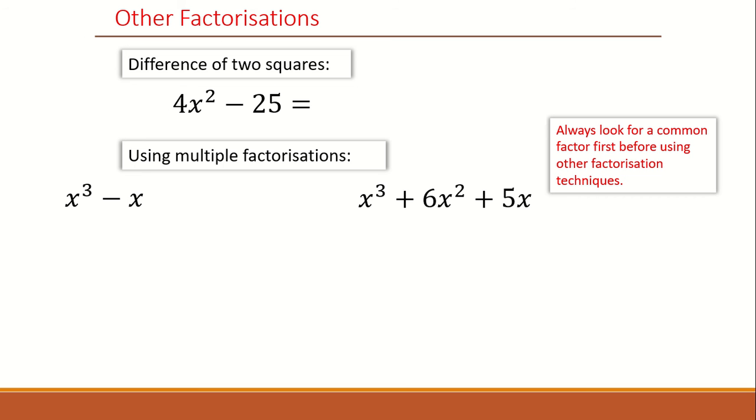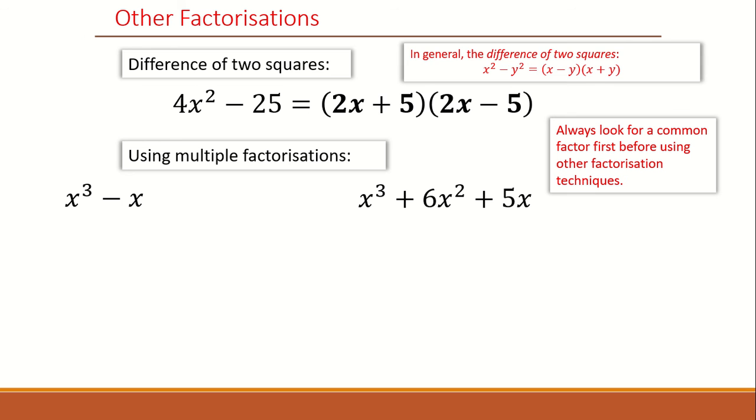Now on to some other factorisations which, secondly, you should have covered in GCSE. First, we'll go through the difference of two squares. Here's the answer: 4x squared minus 25 should factorise into 2x plus 5 and 2x minus 5, because 25 is a square number, which is 5 squared, and 4x squared is also a square expression, which is 2x squared.